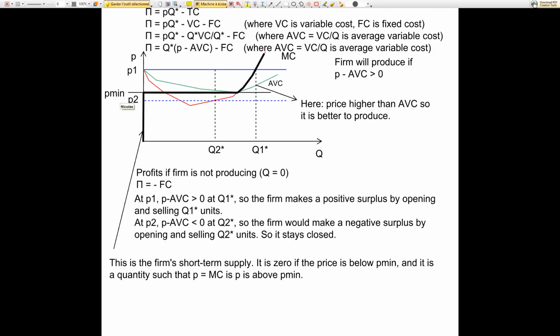And if the price is too low, then I think, oh, I'm going to lose money if I open my firm. If the price is, say, P2 and I produce such that marginal cost equals price, I'm going to essentially be making losses on my units. So I decide, okay, it's not worth it.